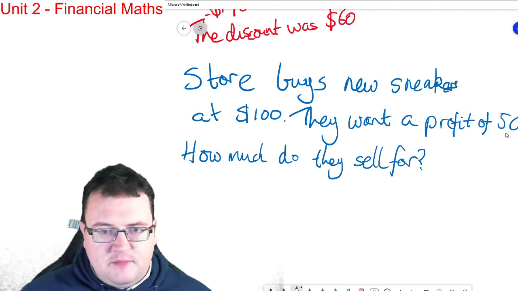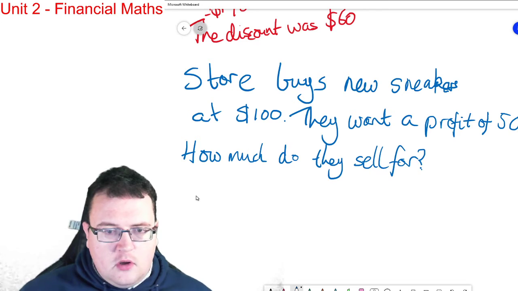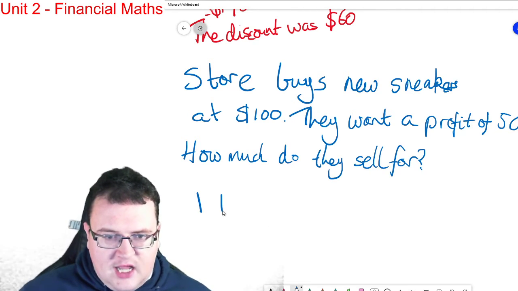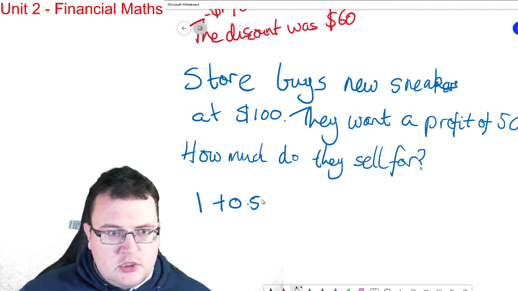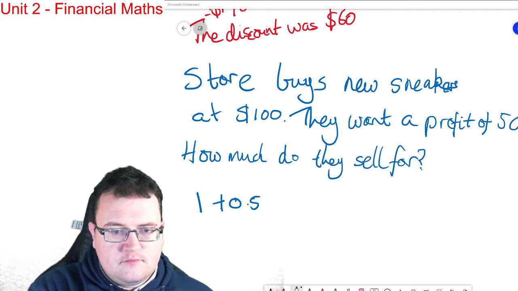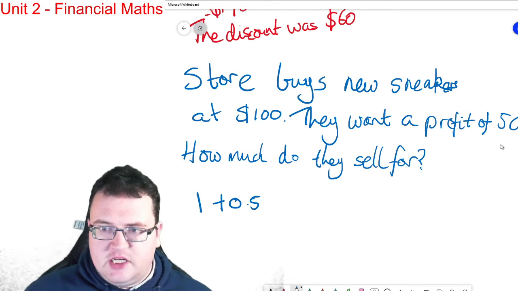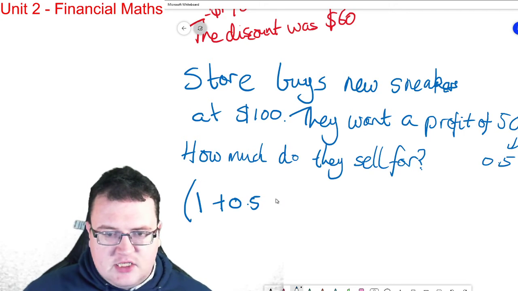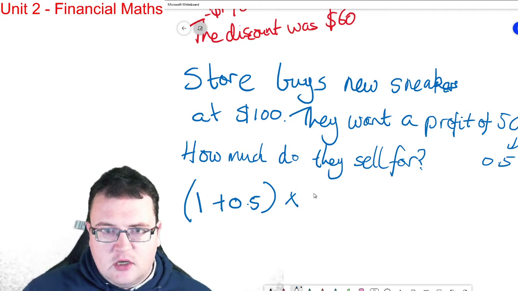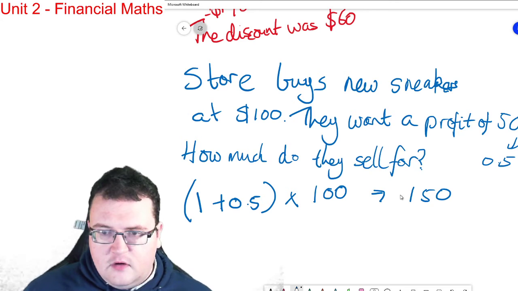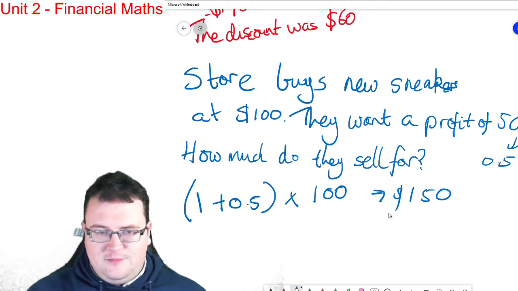That means they need to go 1 plus 0.5, because 50% as a decimal is 0.5. So it's 1 plus 0.5 times the original price of 100, and that comes out to 150.